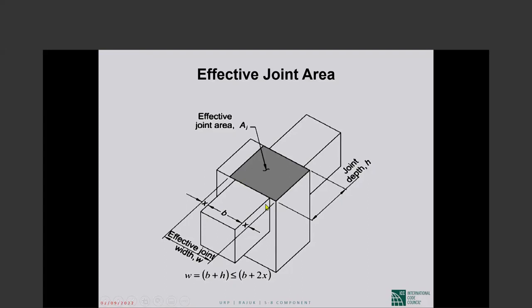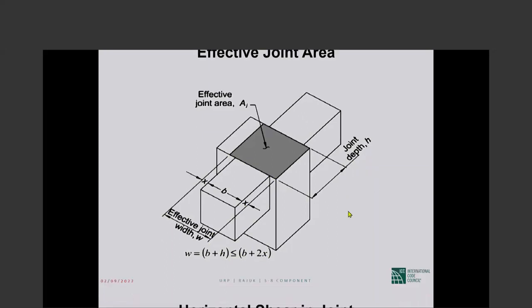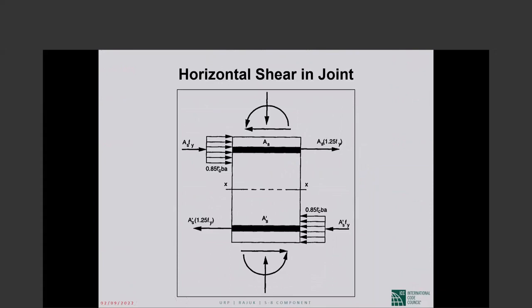This distance is shorter than that distance, so this is X. The effective width of the joint is less than or equal to B plus twice X. That would typically govern. And the effective joint width multiplied by the joint depth is A sub j, the effective area of the joint.